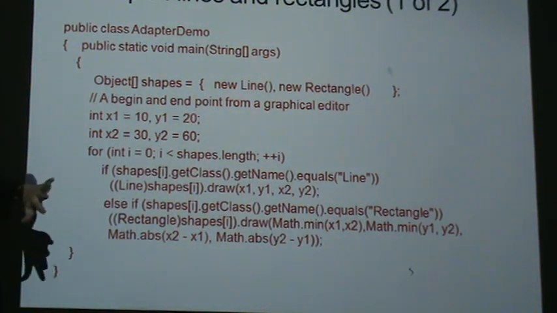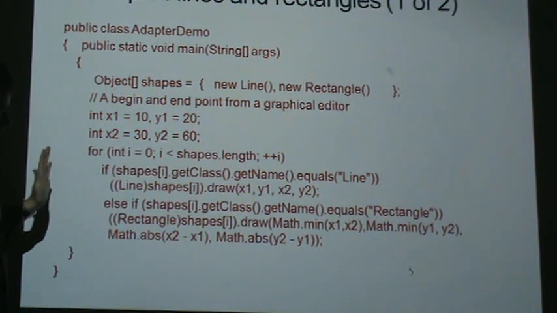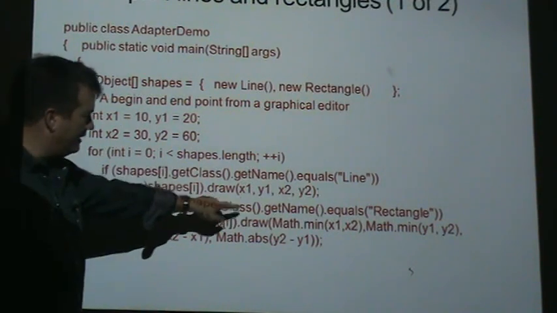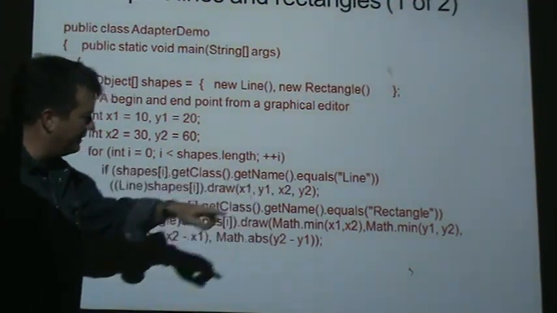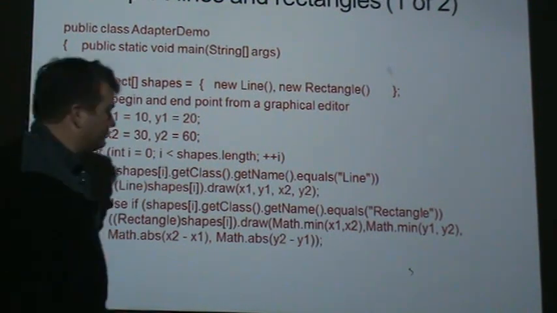So the object types are established before our code hits, but our code would be able to handle any type of object, as long as it has the draw method and the input parameters are the same. Then we would know exactly what to do based on the type of the object.